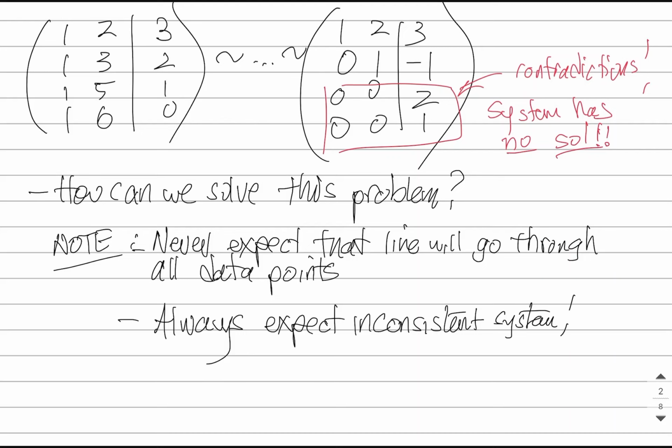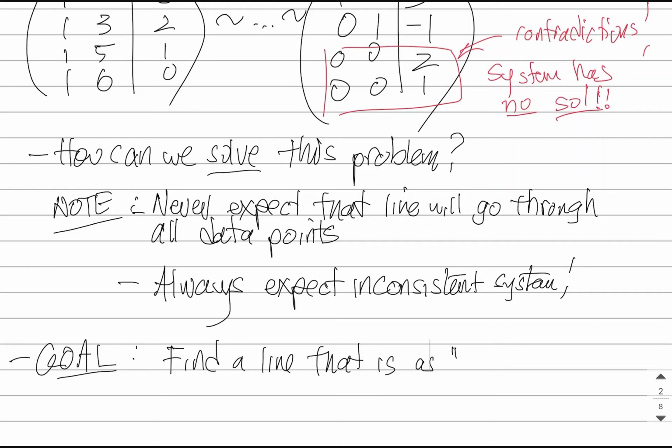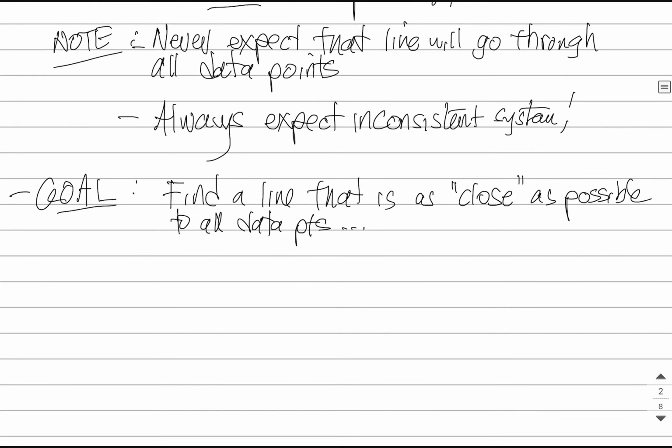So then what does it mean for us to solve this problem? We can't solve it. So the new goal in this particular case is for us to find a line that's as close as possible to all the data points. And I'm going to put "close" in air quotes because we need to define what that means. So that really becomes the problem that we are working on.